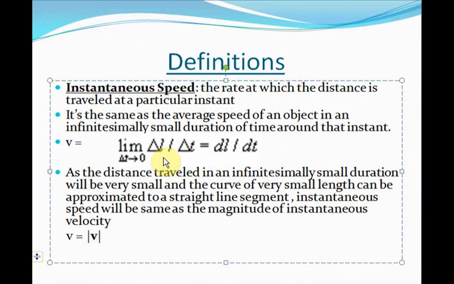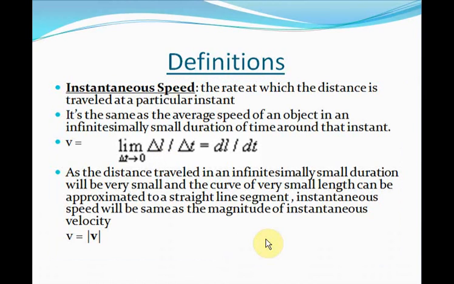Now let's move on to instantaneous speed. Instantaneous speed is the rate at which the distance is travelled at a particular instant. It's the same as the average speed of an object in a very small duration of time around that instant. So suppose an object travels a distance of delta L in a very small duration of time delta t, then the instantaneous speed can be defined as the limit of delta L by delta t, where delta t tends to 0, and we know that it's equal to dL by dt.